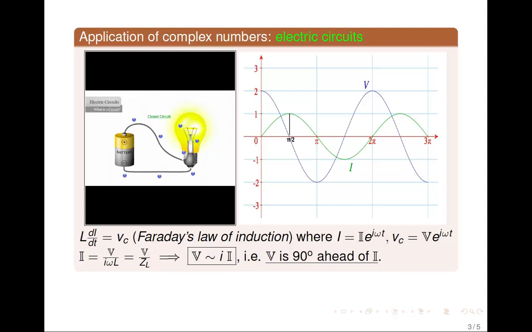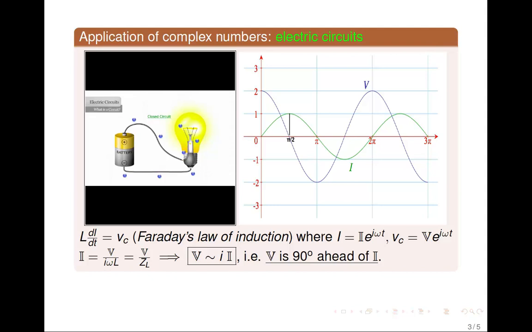Now, if we use the complex phasor representation for the current and the voltage, then the current I can be written as a magnitude times exponential of i omega t, where exponential of i omega t by Euler's identity is a complex number. And likewise, we can write a complex phasor representation for the voltage across the light bulb.